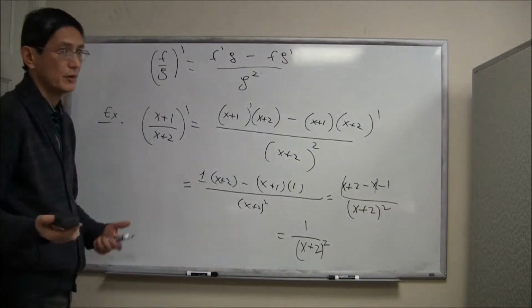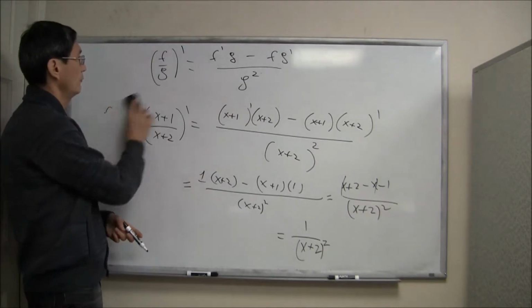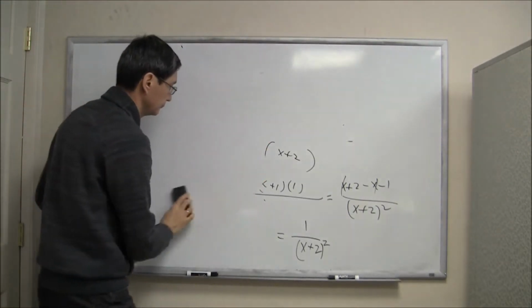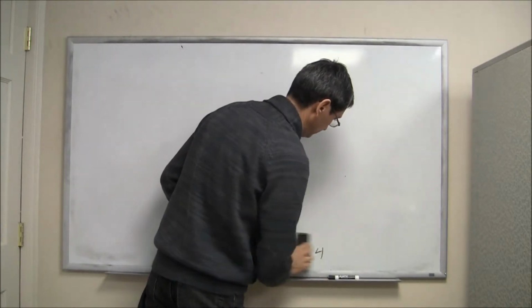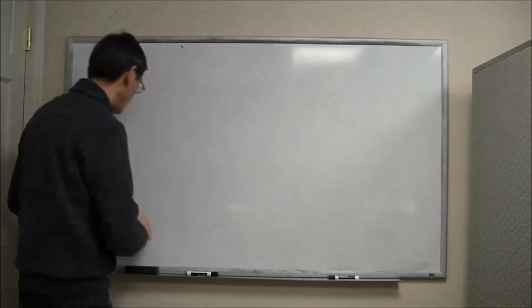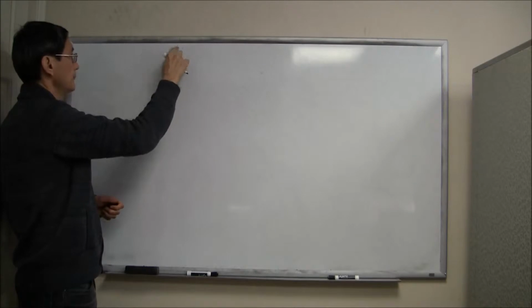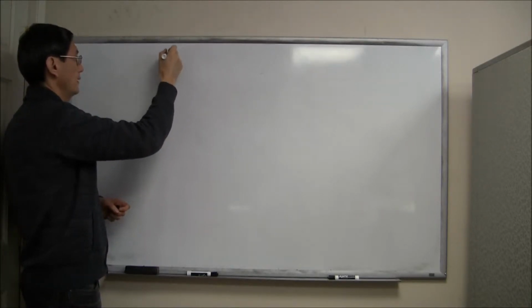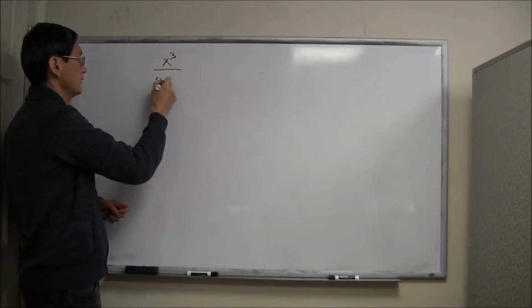So let me try to do maybe one more example on the quotient rule. Say I want to take the derivative of x cubed divided by sin x.